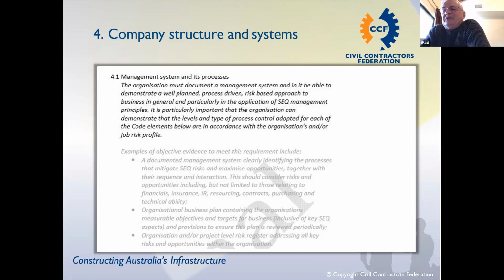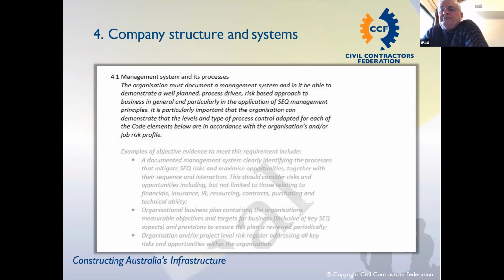You know, a documented management system clearly identifying the process that mitigates those risks, whether it's safety, environmental or quality, and maximises opportunities together with their sequence interaction. So you can see that that's an important base. And this is where I was talking about a lot of companies will do the SWOTs, the tests, and then they'll do what they call a risk chart for the company, and then that's transferred onto a project as you do a project.